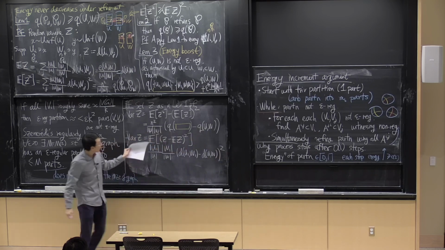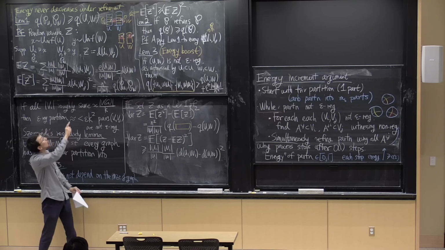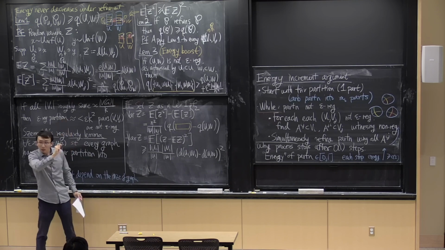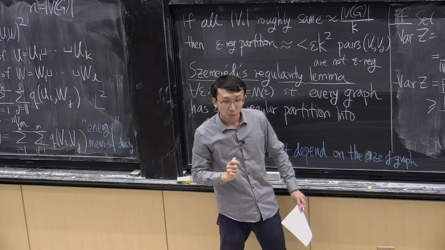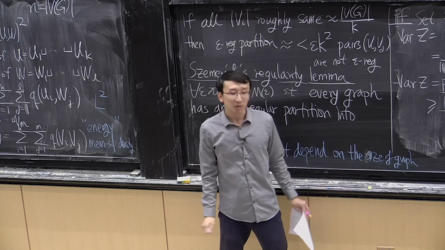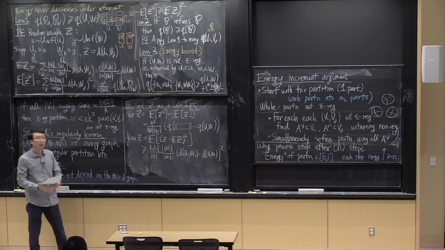So interpreting this expectation for what happens when X falls in U1 and when Y falls in W1, ignoring all the other events because the quantity is always non-negative everywhere.